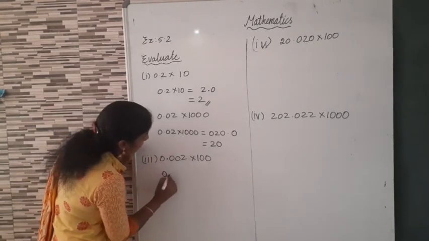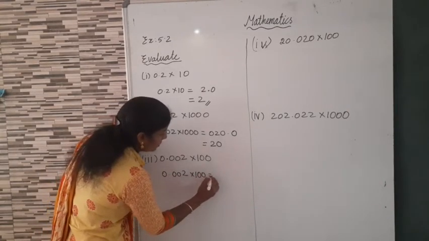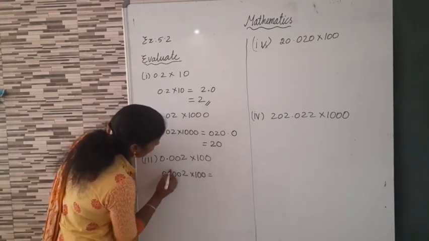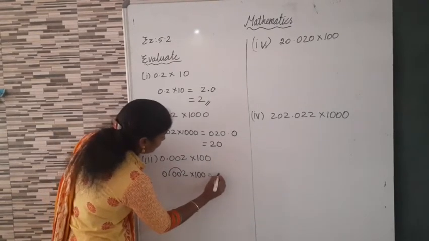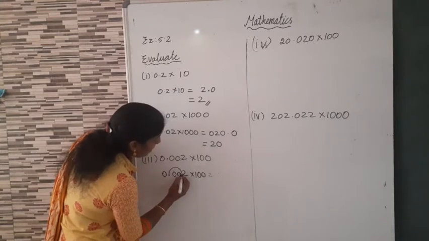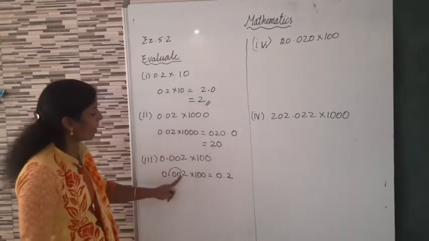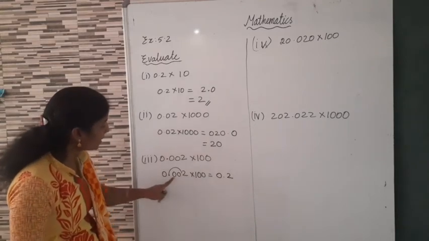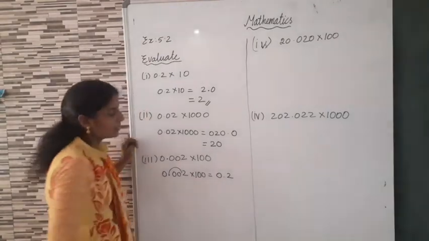So 0.002 into 100 equals, what's the answer? This point will come here, isn't it? So 0.2. The 0 before the point means that's 0, isn't it? So 0.2 is the answer.